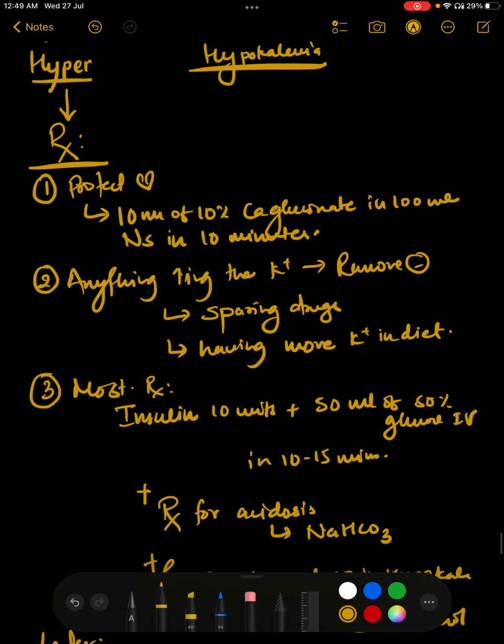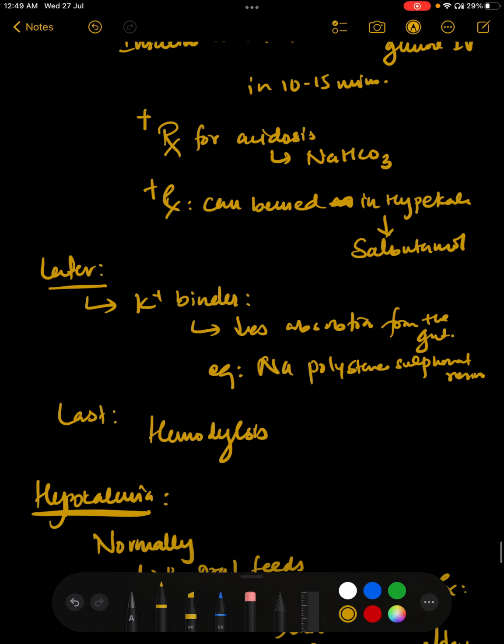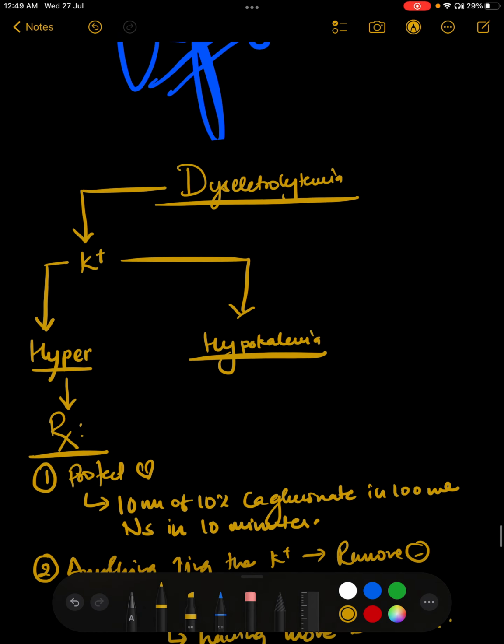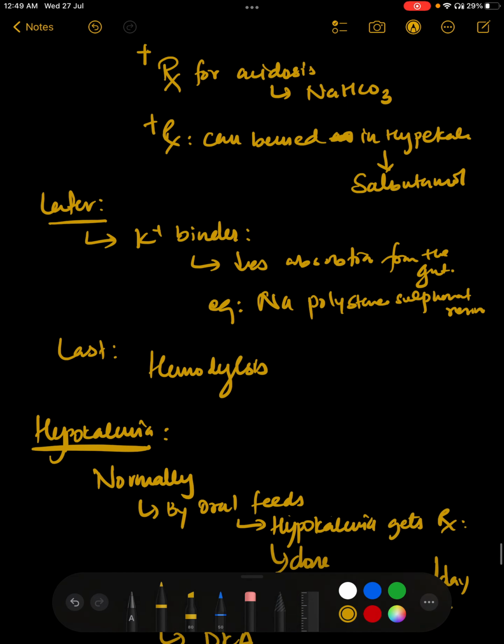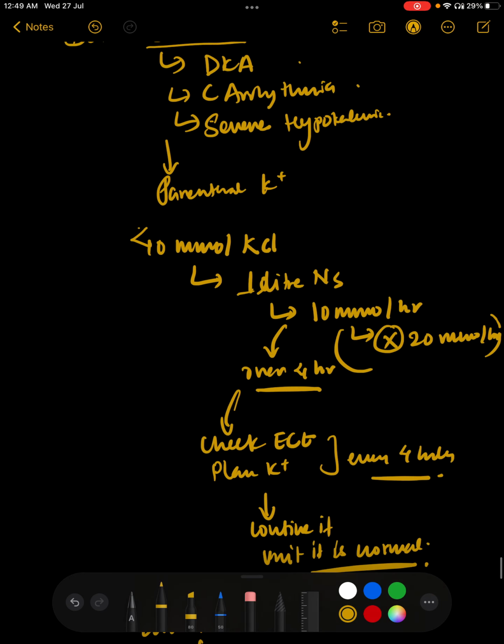In hyperkalemia, we can treat by this. This is just a brief on how to write in the exam. This is hypokalemia, and this is for severe cases like DKA or arrhythmia and severe hypokalemia.